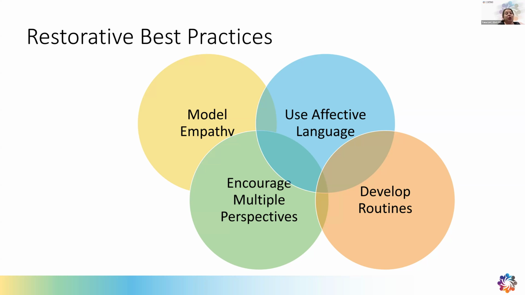That should involve the person who caused harm, the person who was harmed, possibly bystanders, possibly another witness. So you want to give the opportunity to really figure out what it means to be successful and what it means to have that positive relationship.